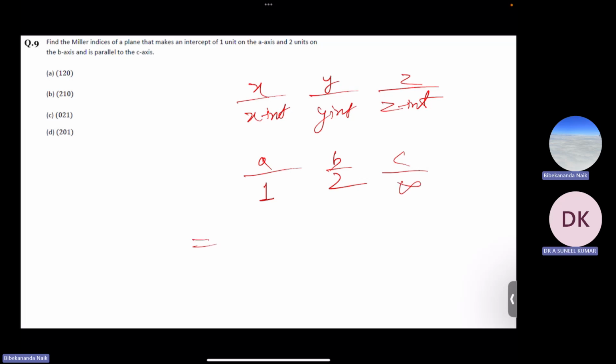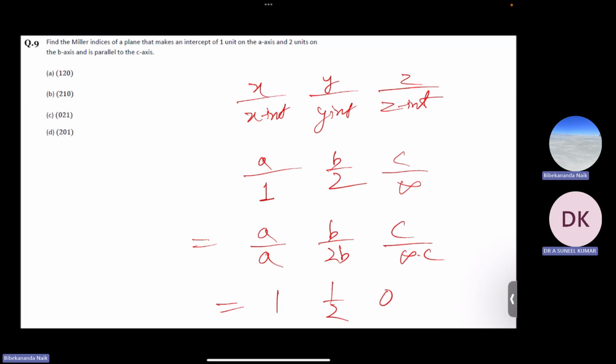If we divide by those lattice parameters, it will be a by a, b by 2b, and c by infinity times c. It will be 1, 1 by 2, and 1 by infinity is 0.